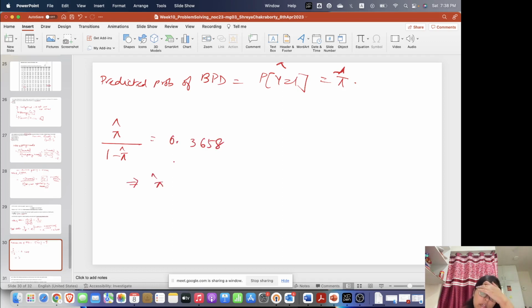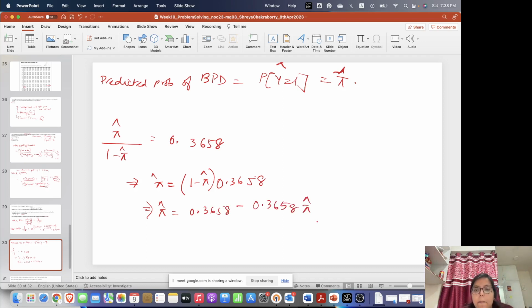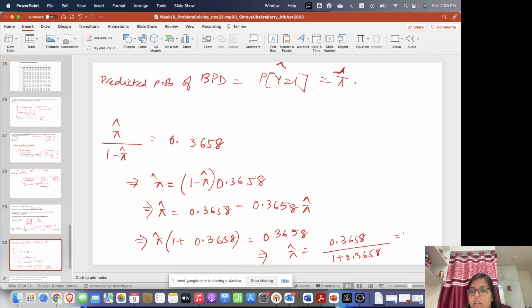Solving from here, pi hat equals 0.3658 times 1 minus pi hat, which is 0.3658 minus 0.3658 pi hat. Keeping all pi hat on one side, we have 1.3658 pi hat equal to 0.3658, which implies pi hat will be 0.3658 by 1 plus 0.3658. This would be how much?